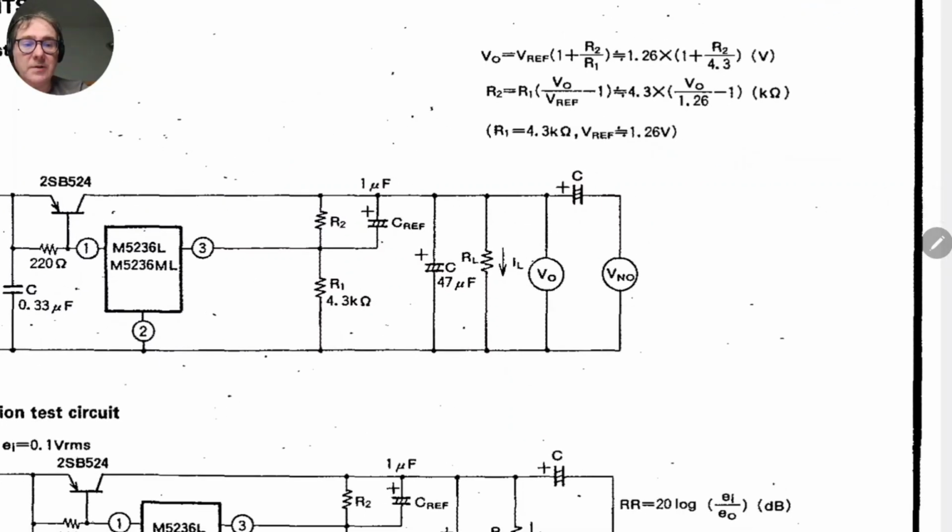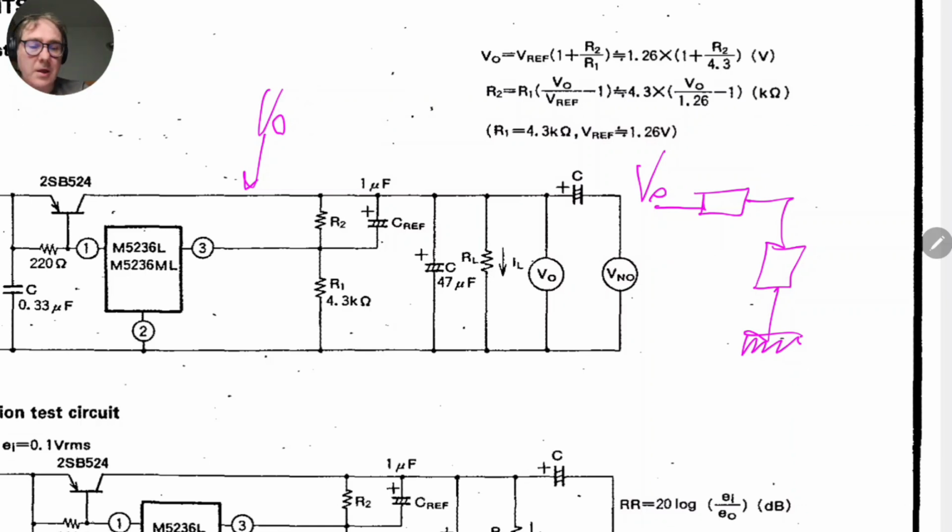So the way a voltage divider works is, if you have two resistors like this, this is ground, and you have the input voltage, let's call it VO. Okay, this is our output, VO. And here is the output of the divider, which is called Vref, and the resistors are R1, R2.